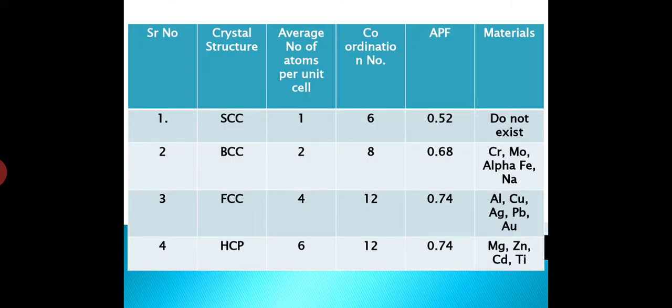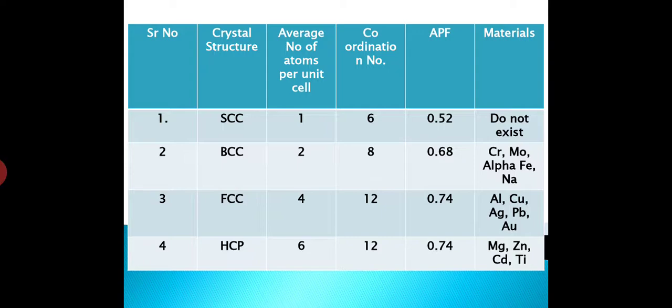So by using all these lattice parameters, you must remember this table, which consists of different types of crystal structures with their average number of atoms per unit cell, n average, coordination number or ligancy number, APF, and their materials. We have already seen n average, coordination number and APF.